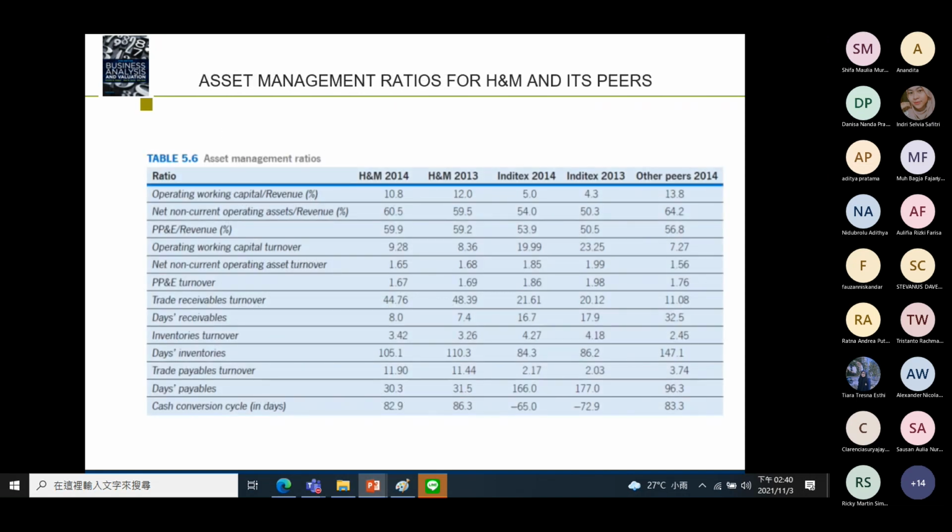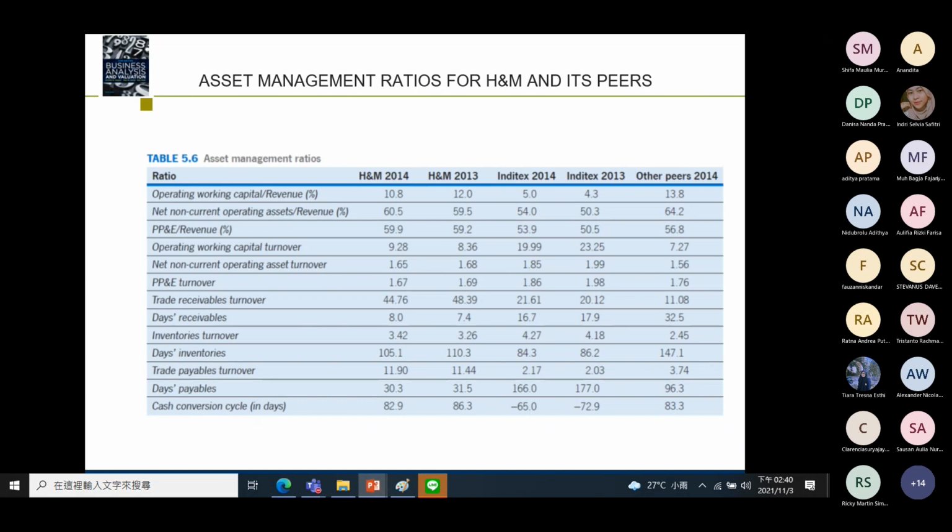Okay, so table 5.6 shows the asset turnover ratios for HMM, Intertex, and their peers. Between 2013 and 2014, HMM became more efficient in its working capital management, as can be seen from the decrease in operating working capital as a percentage of revenue and the increase in operating working capital turnover.